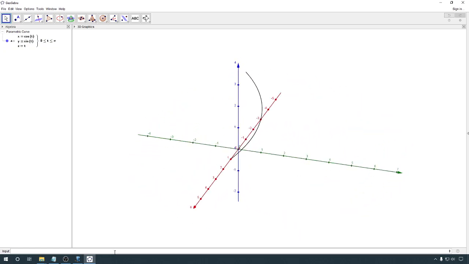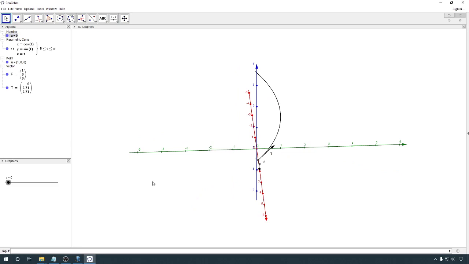I'll go ahead and add the unit tangent and the vector field. So here I've plotted point A on the curve. We have the unit tangent T coming off here, and we have the vector F. That's from our vector field.